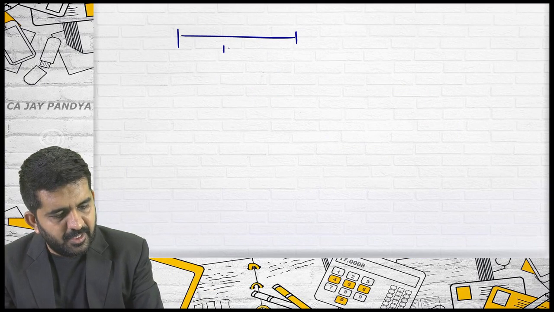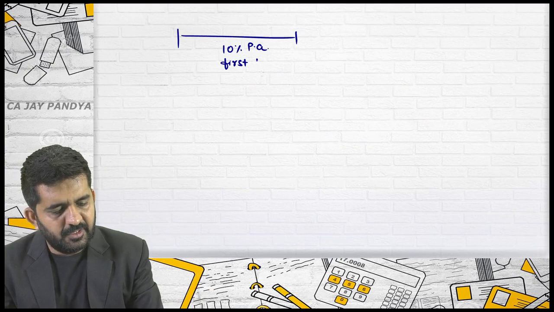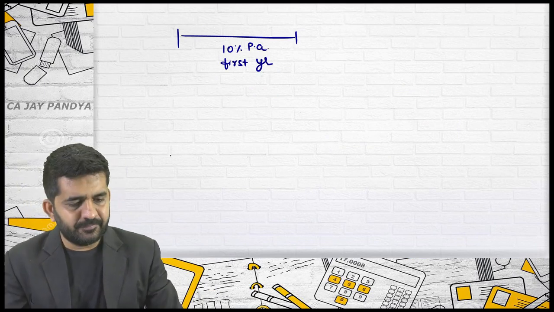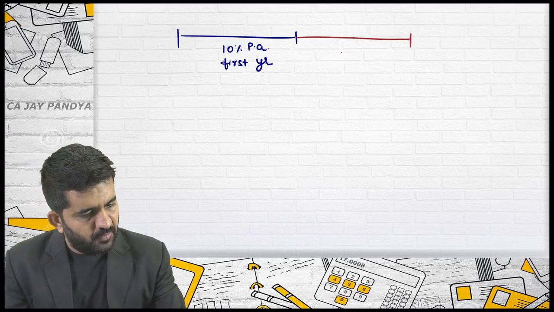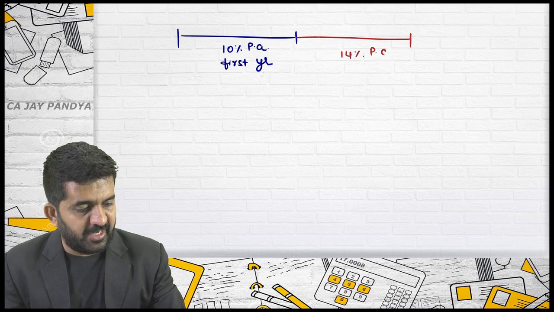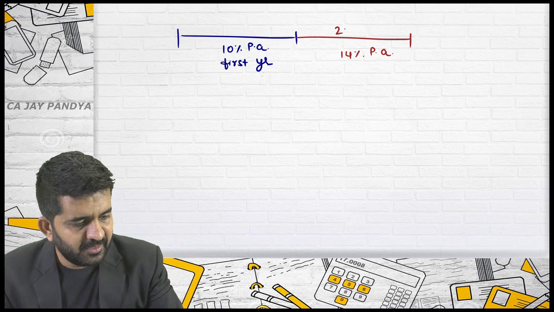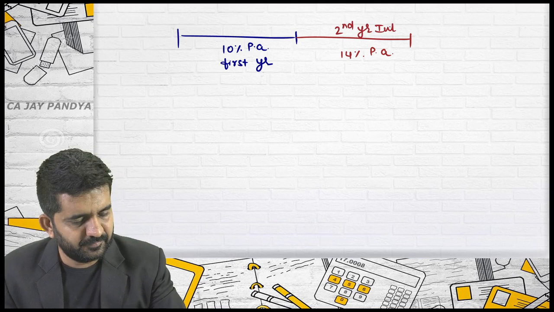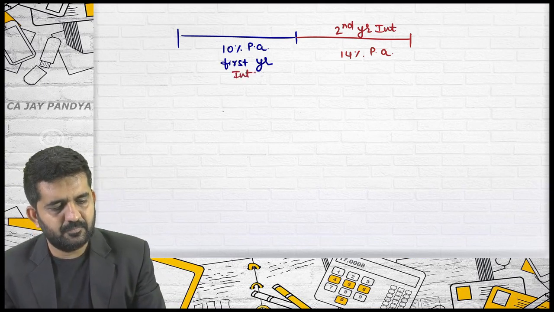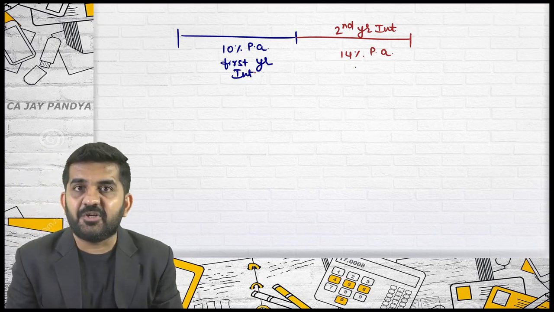Let me use one more page. 10% per annum is a first year interest. 14% per annum is not a 2 years interest per annum. It is a second year's interest.